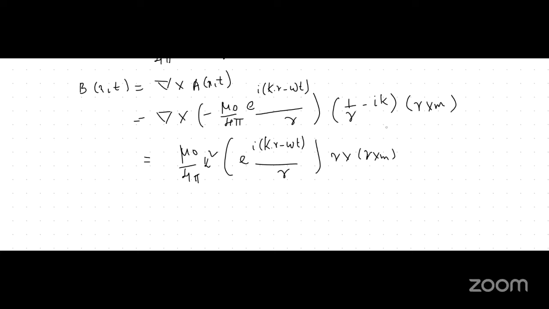Now we have to use the relation between the electric and magnetic field vectors to calculate the electric field due to the magnetic dipole radiation.